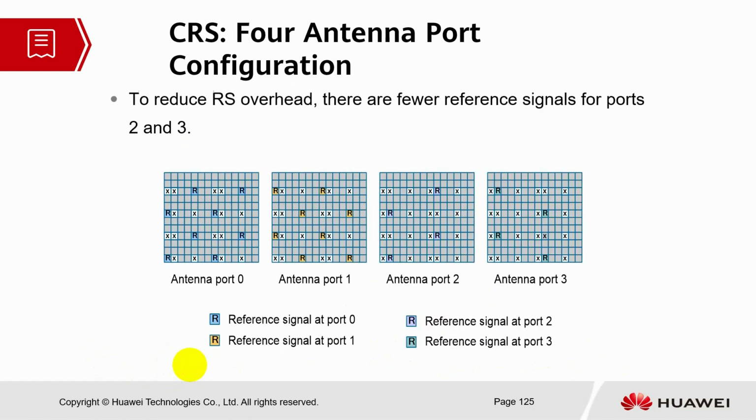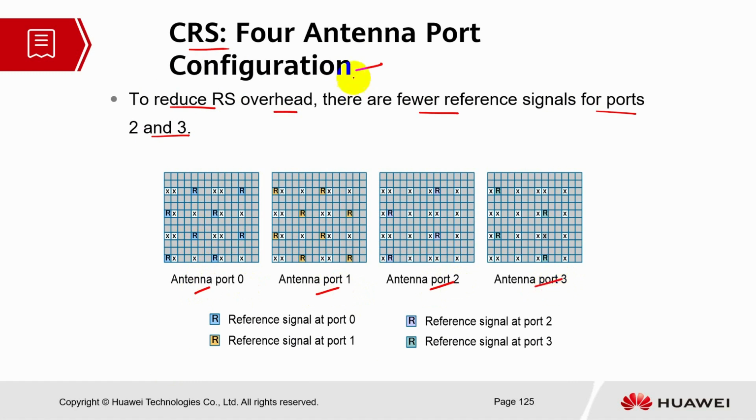So let's look into the cell reference signal for the 4 antenna port configuration. To reduce the reference signal overhead, there are fewer reference signals for ports 2 and 3. So this is antenna port 0, antenna port 1, antenna port 2 and antenna port 3. These are different location settings.